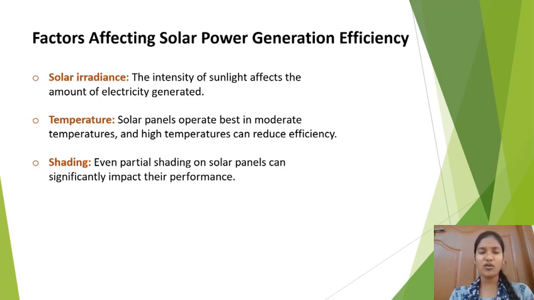The intensity of sunlight affects the amount of electricity generated. And how is temperature a factor? Solar panels operate best in moderate temperatures and high temperatures can reduce efficiency. Now shading. Even partial shading on solar panels can significantly impact the performance.